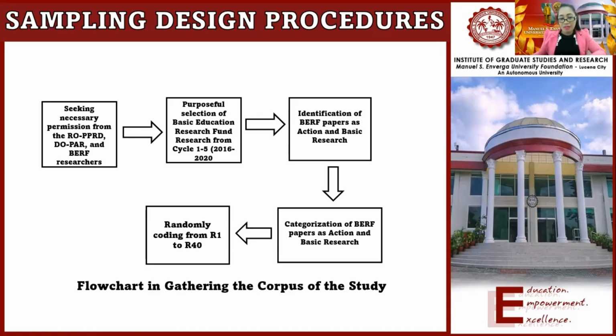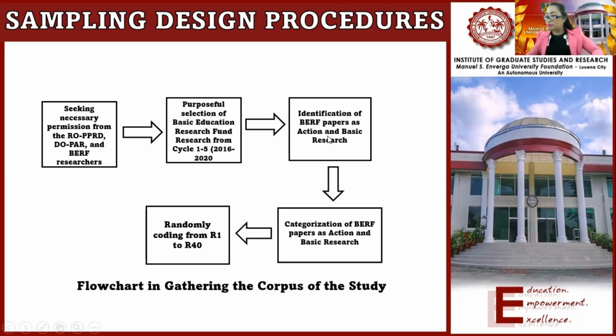As I had mentioned earlier, the papers will be randomly coded from R1 to R40 to establish a corpus, and each section of the research paper will be copied and pasted on its own file, and they will be randomly coded from 1 to 40.